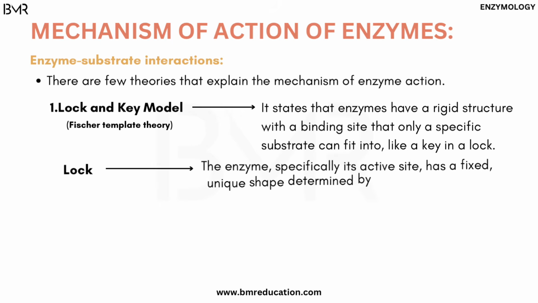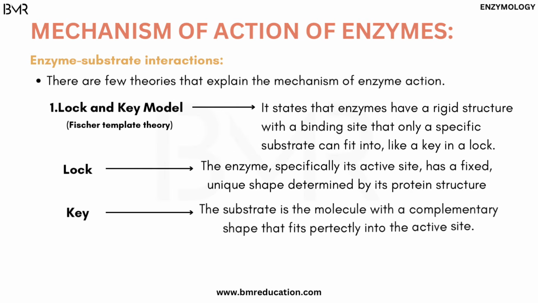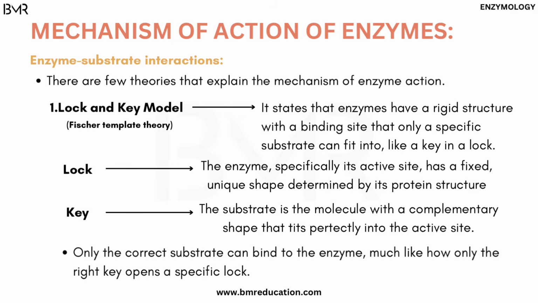The lock describes the enzyme, specifically its active site, which has a fixed, unique shape determined by its protein structure, whereas the key describes the substrate, the molecule with a complementary shape that fits perfectly into the active site. Only the correct substrate can bind to the enzyme, much like how only the right key opens a specific lock. However, this model does not explain enzyme flexibility and transition state stabilization.